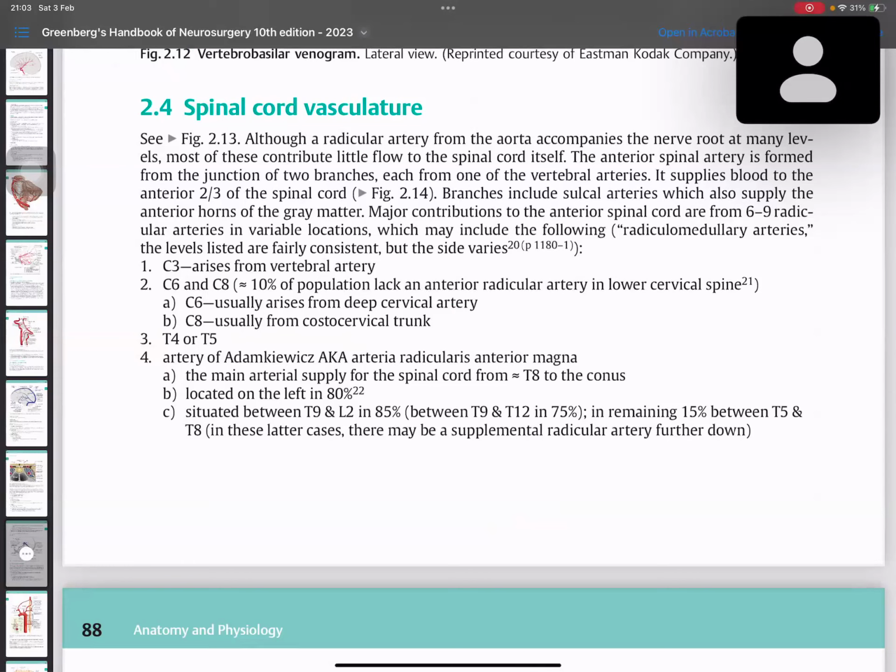But this vascularization is not usually enough. The vertebral artery alone cannot vascularize the whole spinal cord.